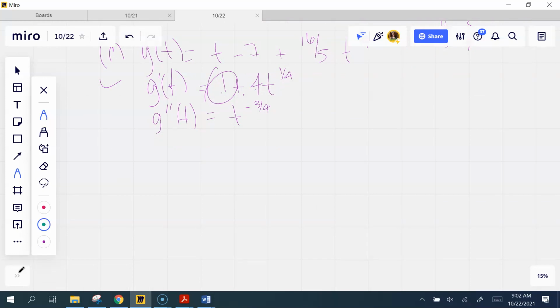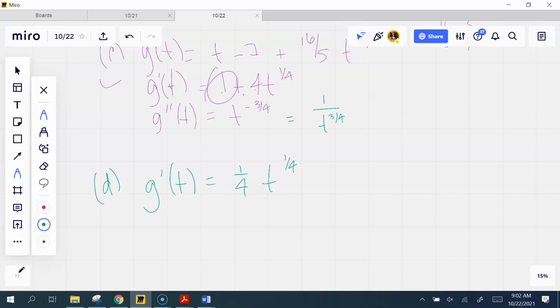Part D. Wait, it said that's 1 over. Part D, the first derivative could it be 1/4 t to the 1/4?